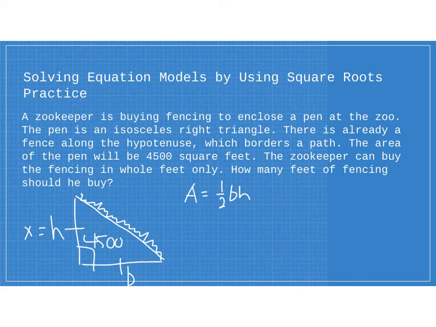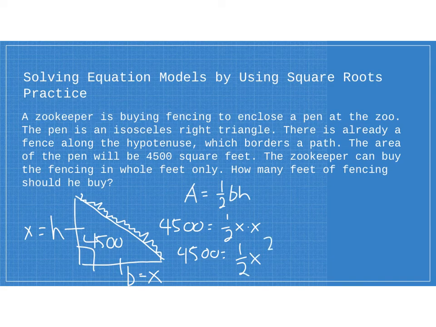The nice thing about this problem is since this is an isosceles triangle, if our height is x, our base is also x because those two side lengths are congruent or equal. So that simplifies our problem here, and we get our area, which is 4,500, equals 1/2 x times x, which is 4,500, equals 1/2 x squared.